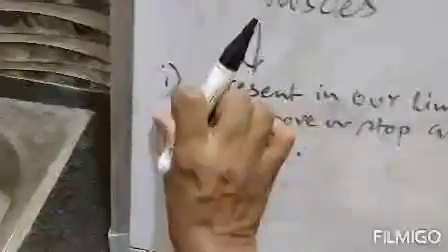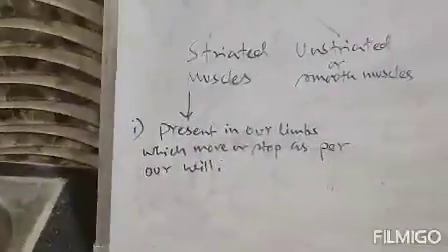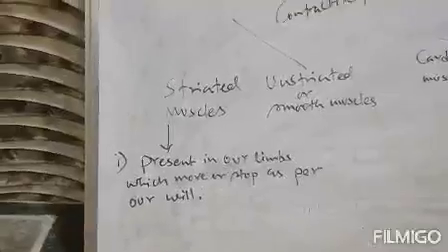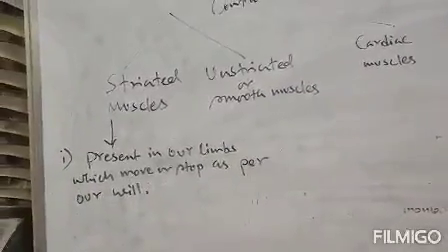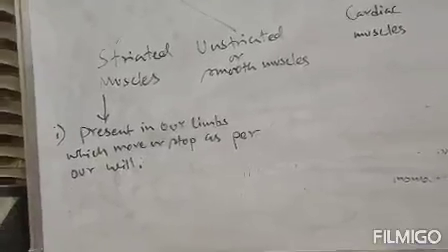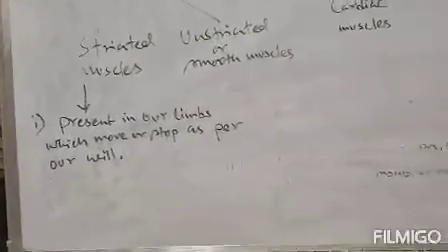That means depending on our choice, we can easily move or stop these muscles, as they are present in our limbs. So they are striated muscles.